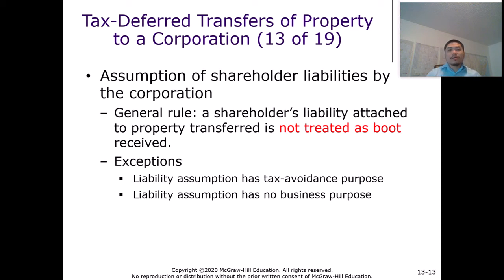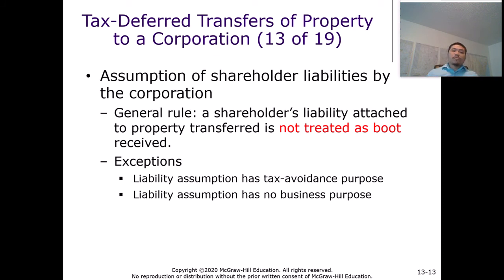So at the time when I contributed the car to the corporation, I still owe the bank, let's say, $1,000. Now when I transfer the car to the corporation, the corporation also has to assume my liability to the bank, and pay the bank the $1,000 that I have left on the car.